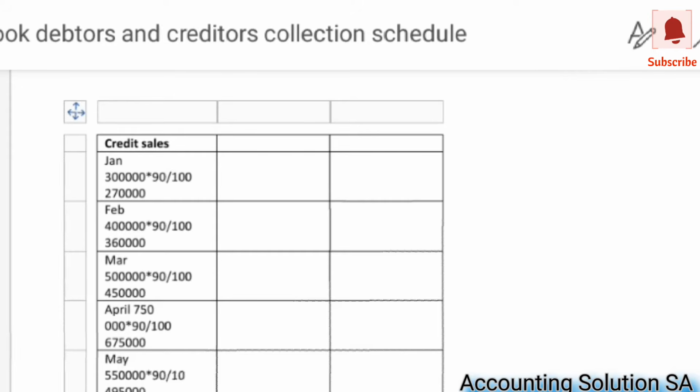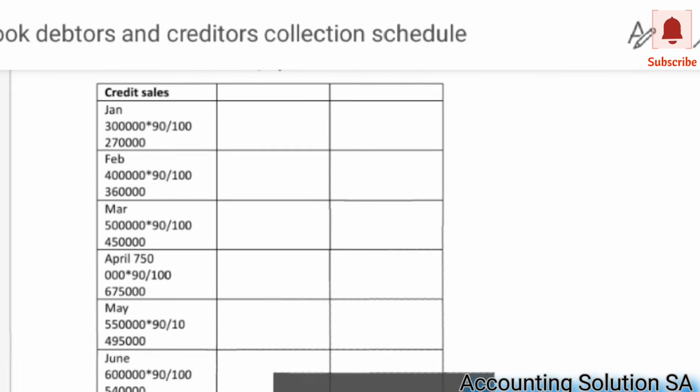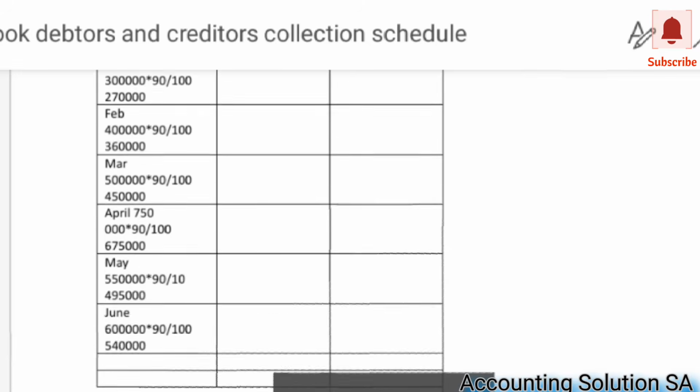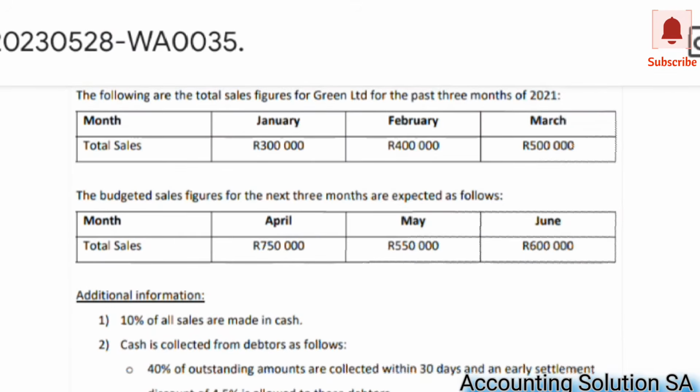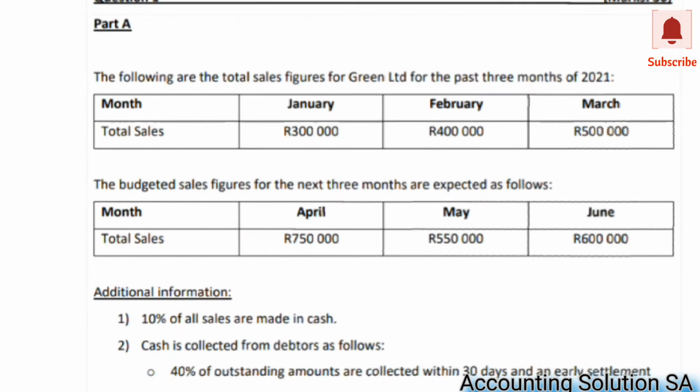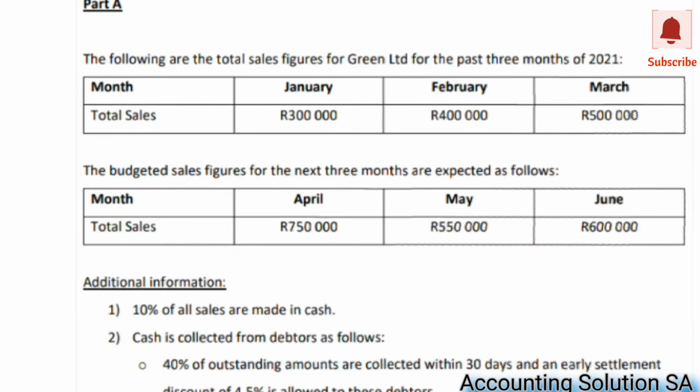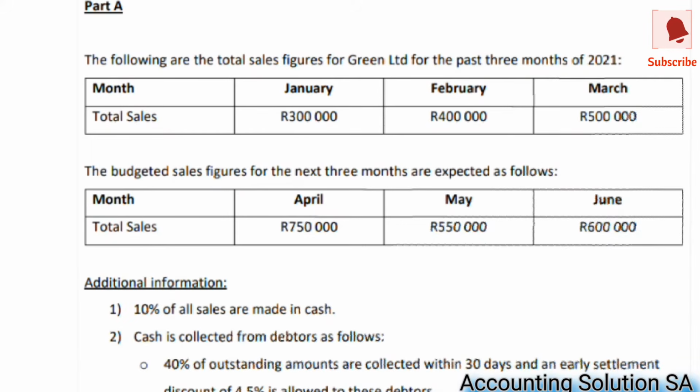Okay, we have calculated our credit sales now, which is the first part that we need to do when we prepare our collection schedule. Now let's go back to the question. On our question, now we have to go to number 2.